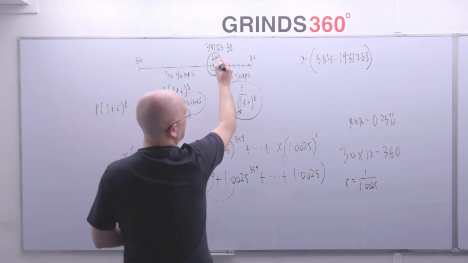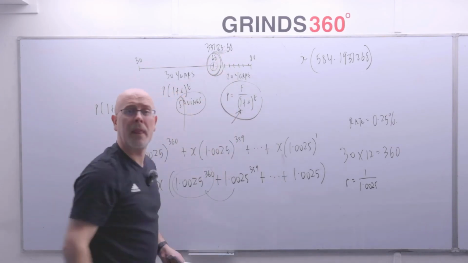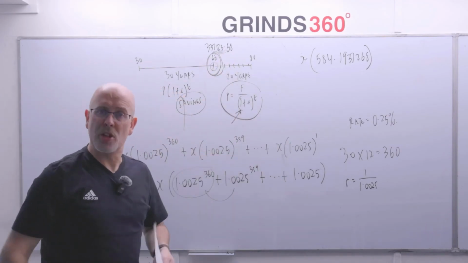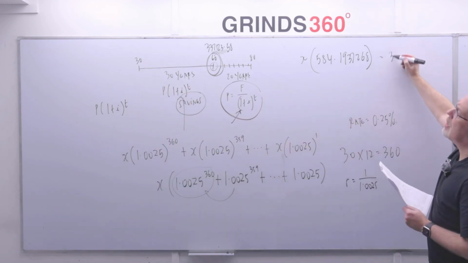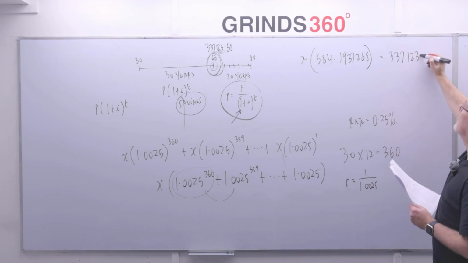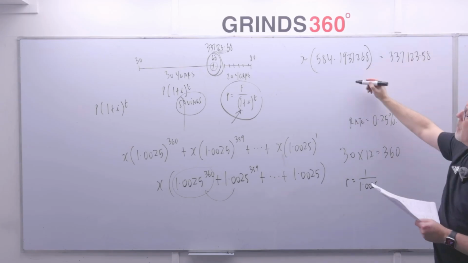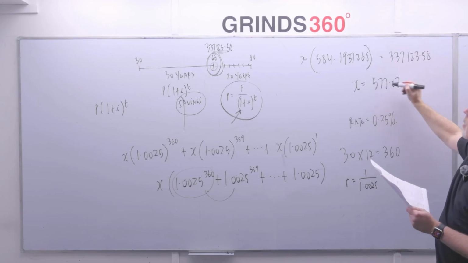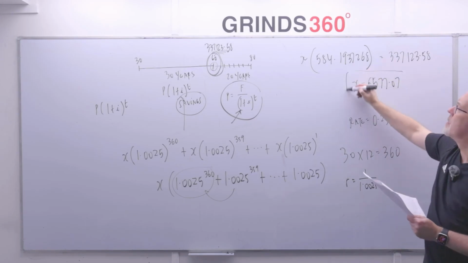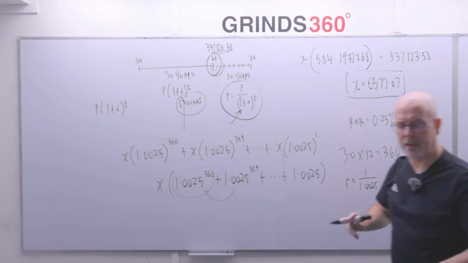We need that to equal the pension fund you worked out previously, because that's how much he needs in his fund for the lifestyle he's looking for after retirement. So that has to equal 337,123.58. Divide across by this number, and X ends up being 577.07. So €577.07 a month.